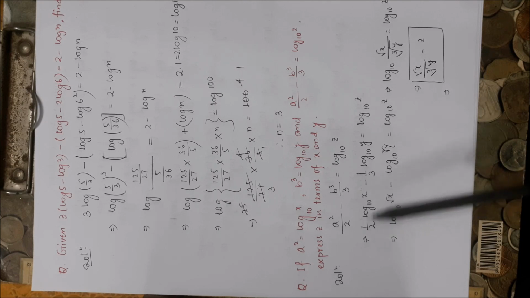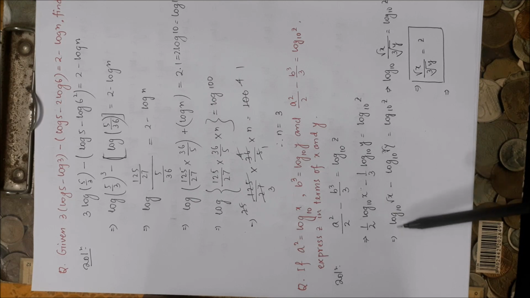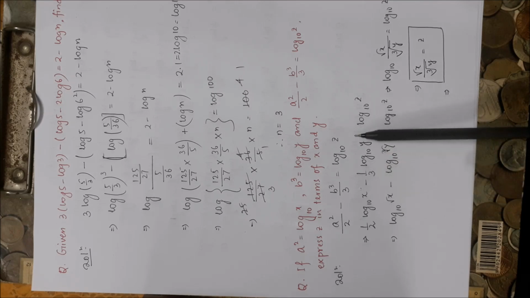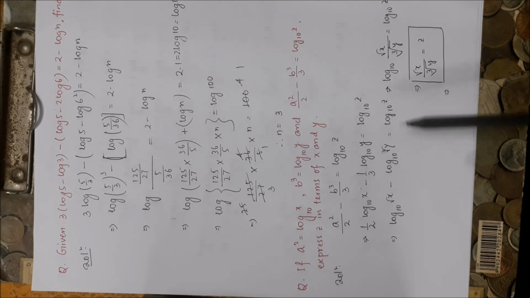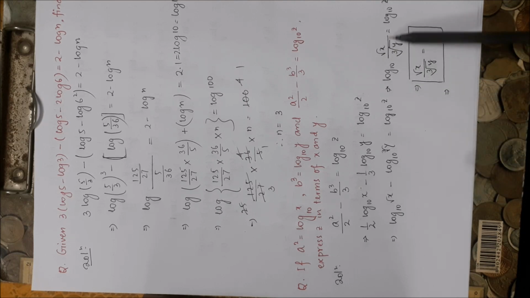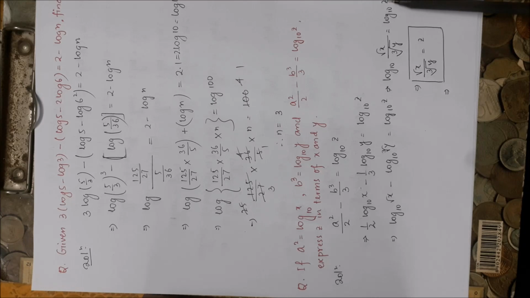So now if you use the exponent logarithmic rule, then we will get log x to the power half, that means log root x, minus log y to the power 1 by 3, that is cube root of y, equals log z. Now if you use the quotient rule, then you will get log of root x by cube root of y equals log z. Comparing both sides, you will get z equals root x by cube root of y.